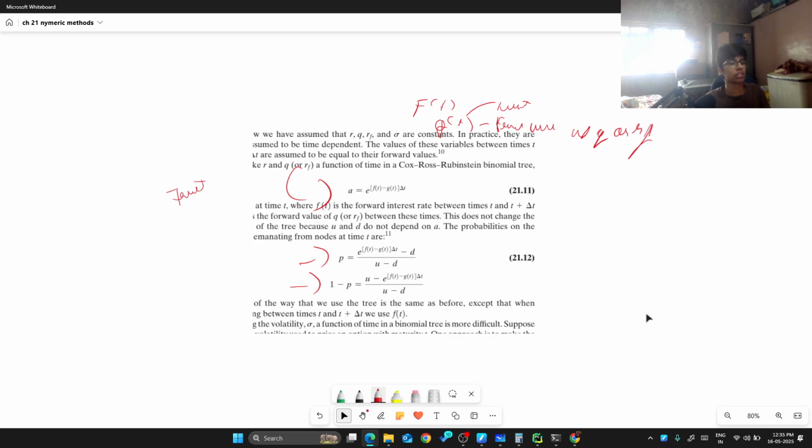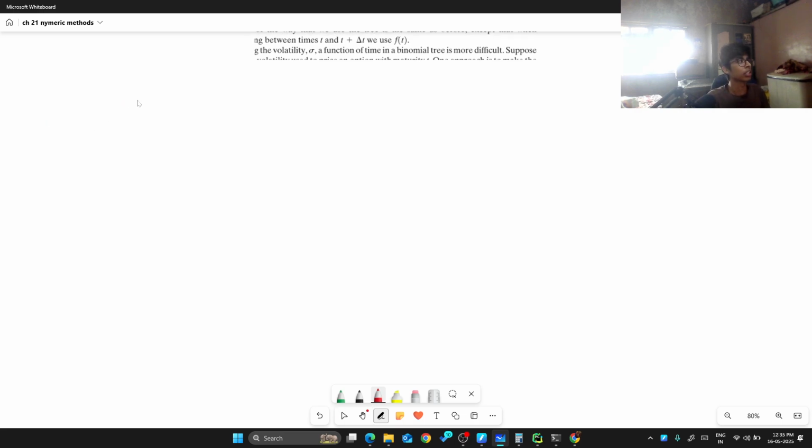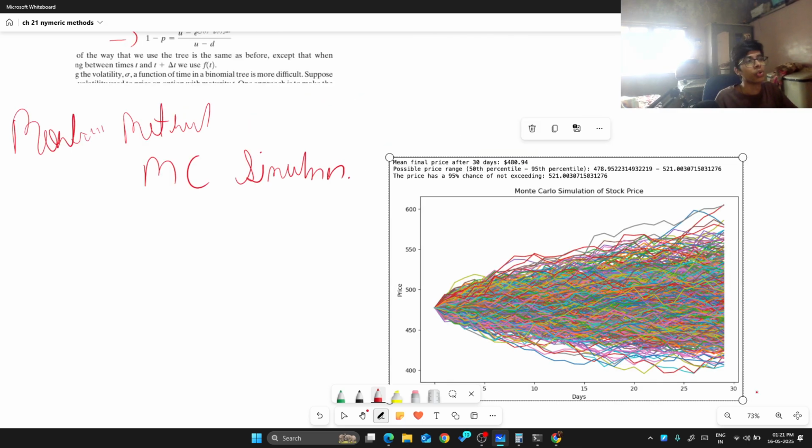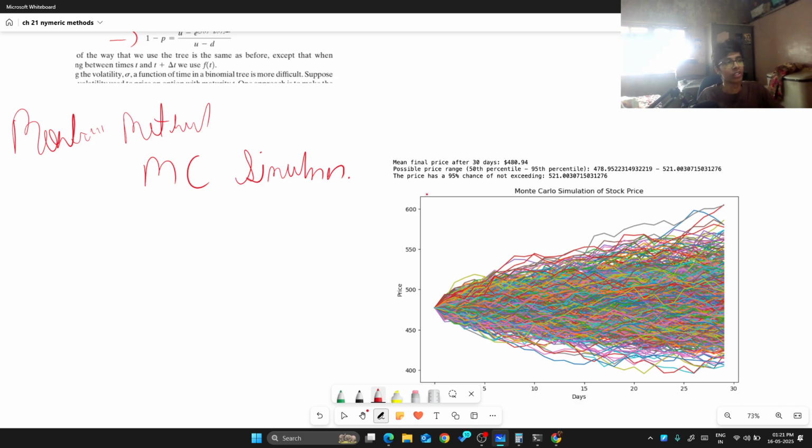And let's start with another very important method, Monte Carlo simulation. You can see from the image that this is a Monte Carlo simulation, and it looks very messy, but it is a very important tool in pricing. As I told you, it is used to price exotic derivatives with complicated or path-dependent payoffs.